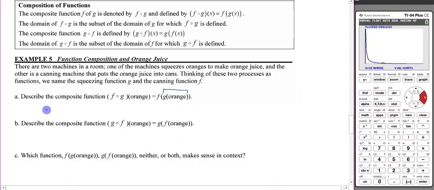So this means f of, what does g of orange do? G is squeezing whatever you put into it. So f of squeezing orange. Now, squeezing orange is put into the f function.